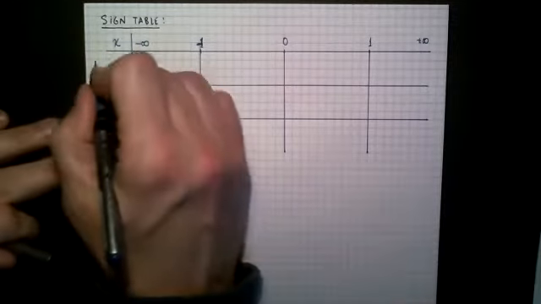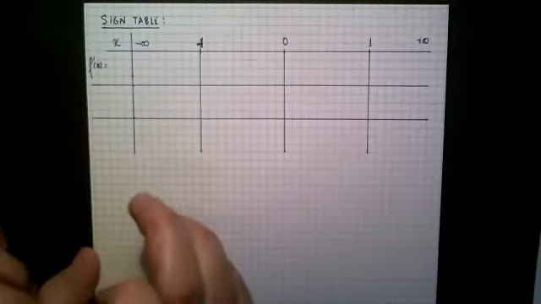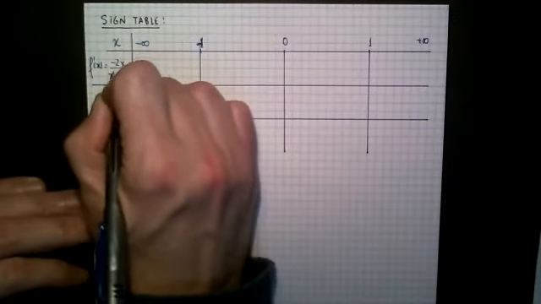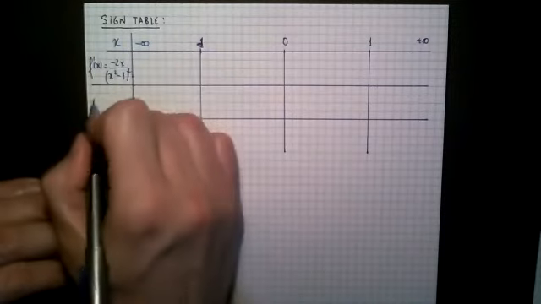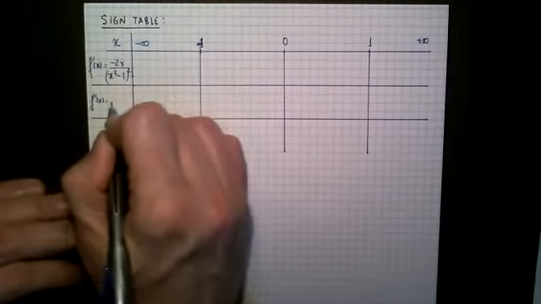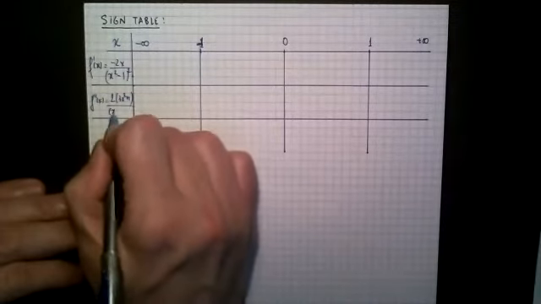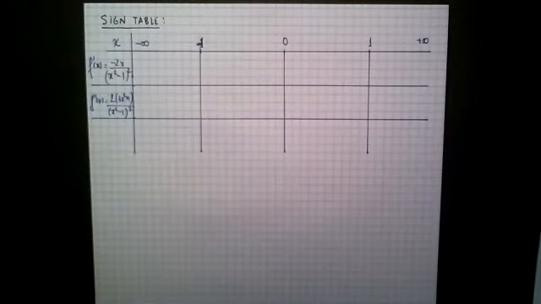So f of x, f prime here, we said was negative 2x over x squared minus 1 squared, and f double prime of x is 2 times 3x squared plus 1 over x squared minus 1 cubed. Okay.